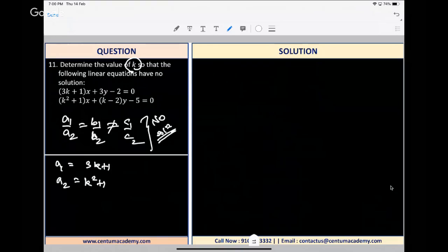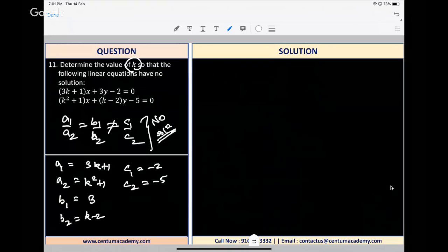And B1 is equal to 3, B2 is equal to k minus 2, C1 is equal to negative 2, and C2 is equal to negative 5. These are the values. Just check once. Yes, looks like it's correct.